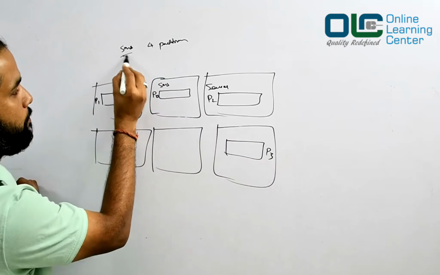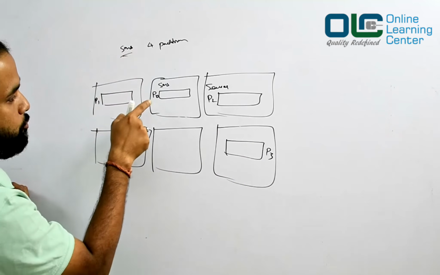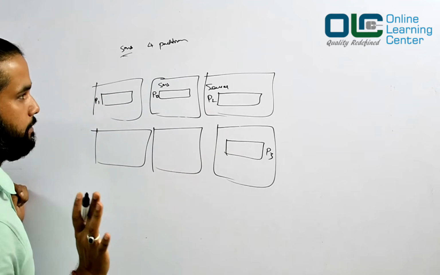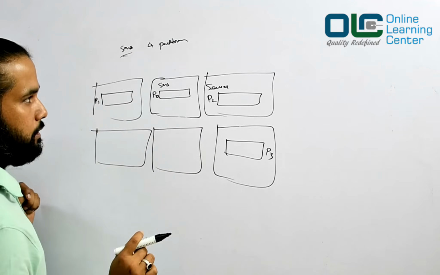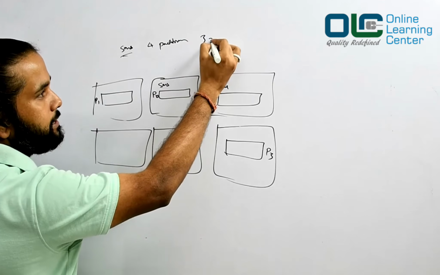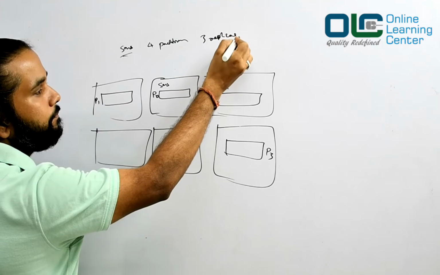So you have the SMS topic with 4 partitions. And then you have also said that you want 3 replicas. So what will happen?